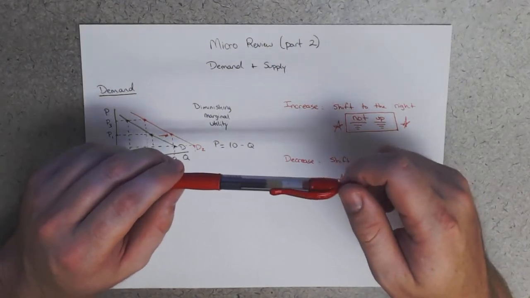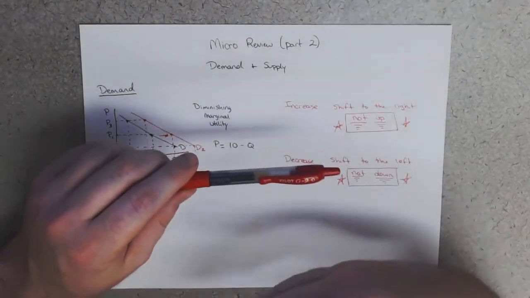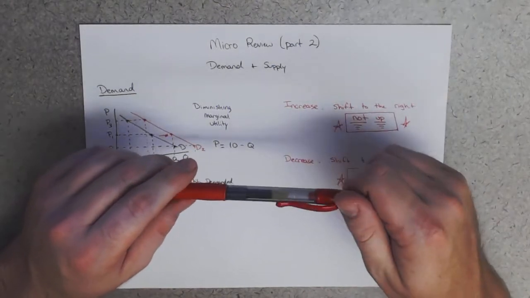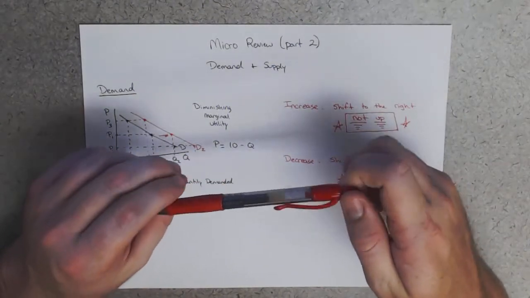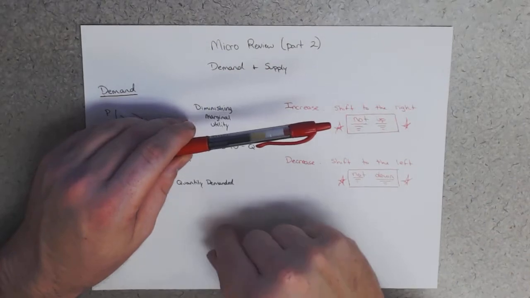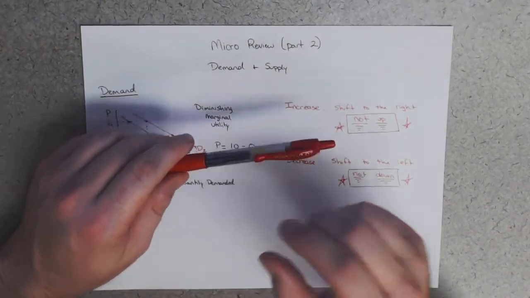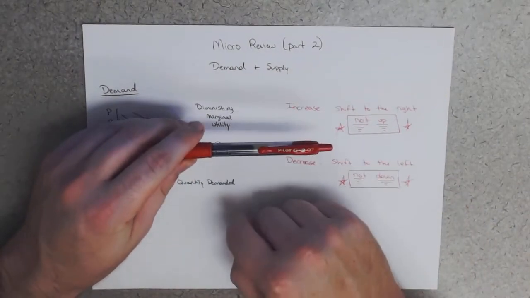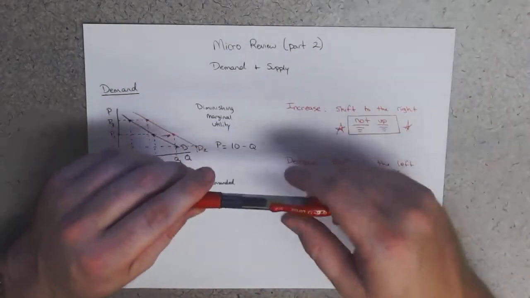And so the change, the expected price of the good rising, is going to induce more people to purchase the good today, right? More people are going to want to buy the good now than they would otherwise.